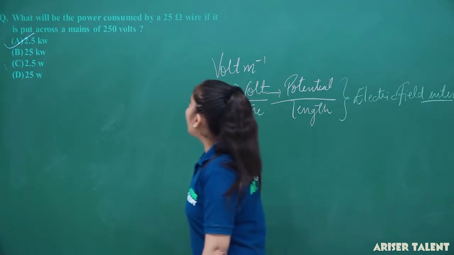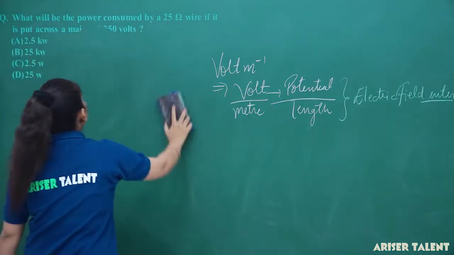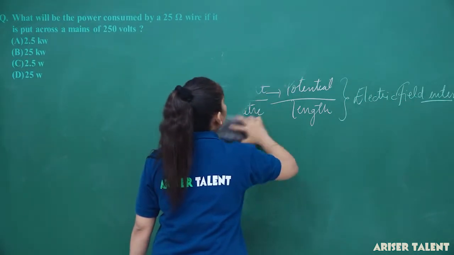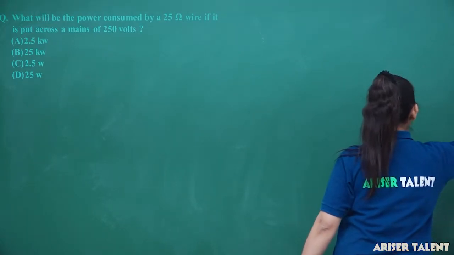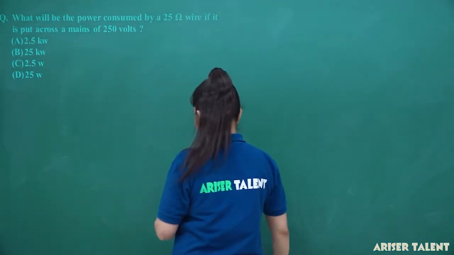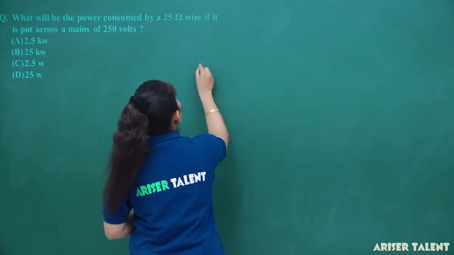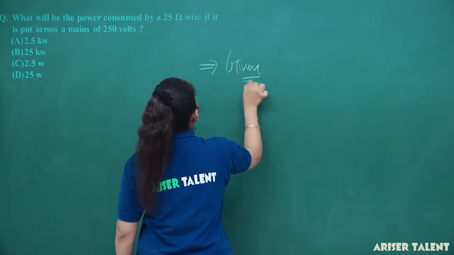What will be the power consumed by a 25 ohm wire if connected across a 250 volt main supply? First, write the given conditions here, what you are provided with.